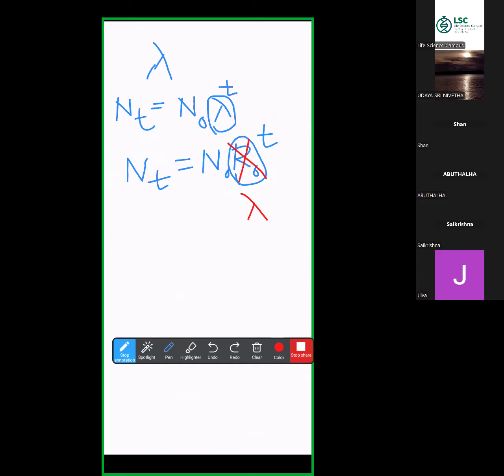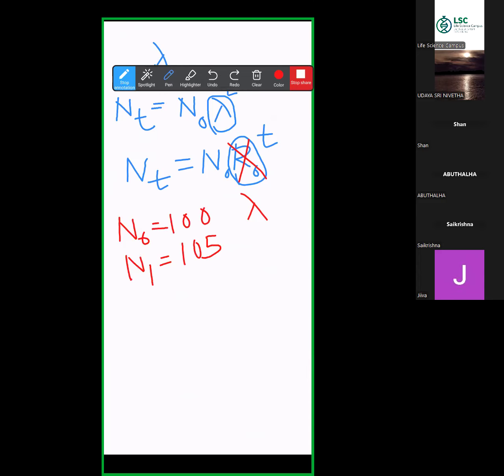So in the previous example, N0 was 100 and N1 was 105. We can find out population size after 5 years. So we have to find out N5, that is N0 into R0 raised to t.